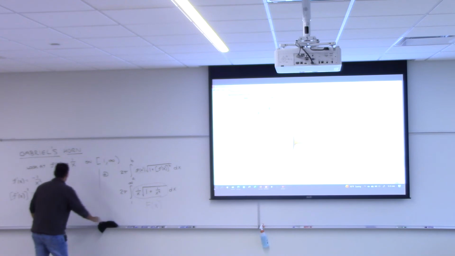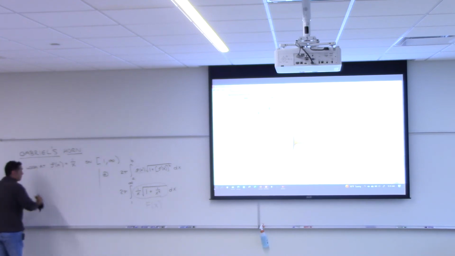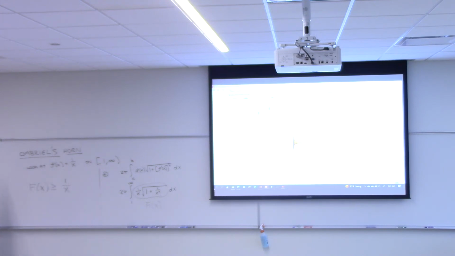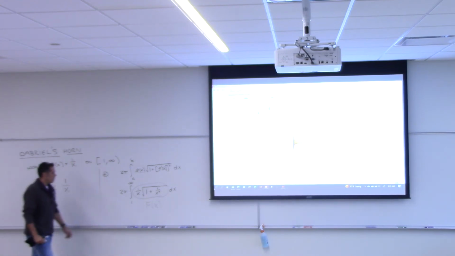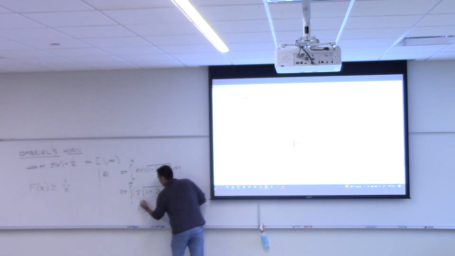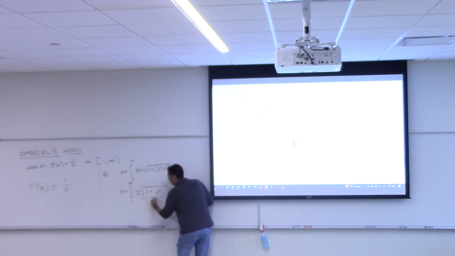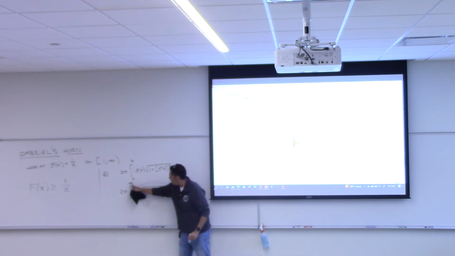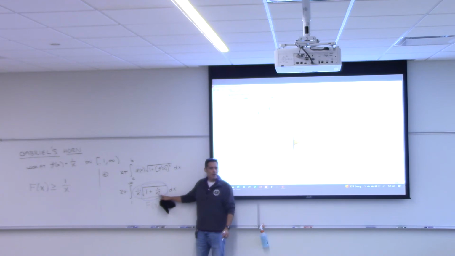What I want you to see now is this. That capital F of x, that function right there, do you agree it's bigger than or equal to 1 over x? Why is this bigger than 1 over x? Because this piece right here in blue, 1 divided by x to the 4th power, as long as x is a positive number, should be some small number.